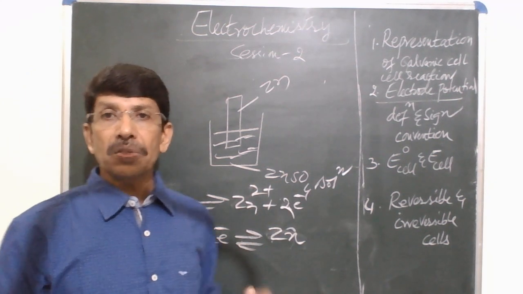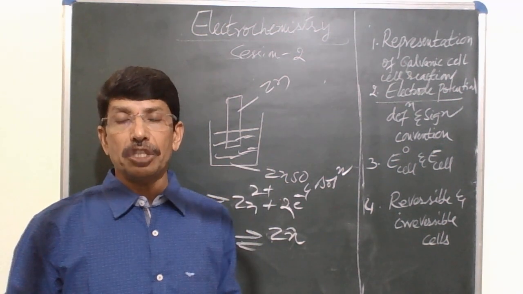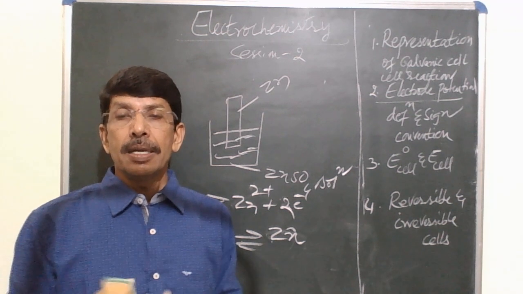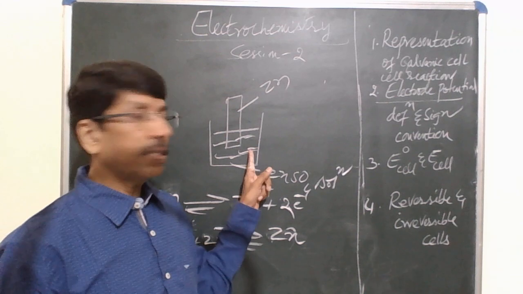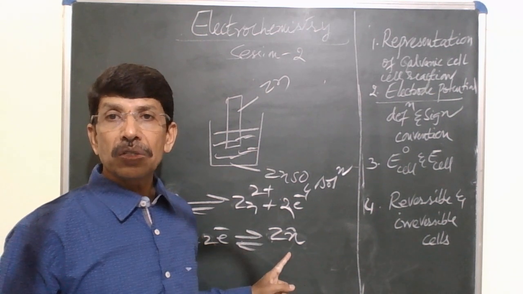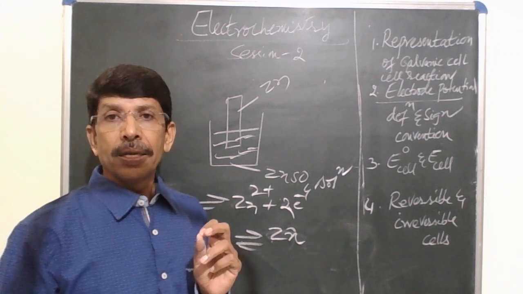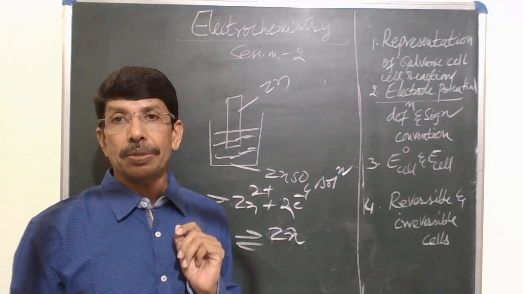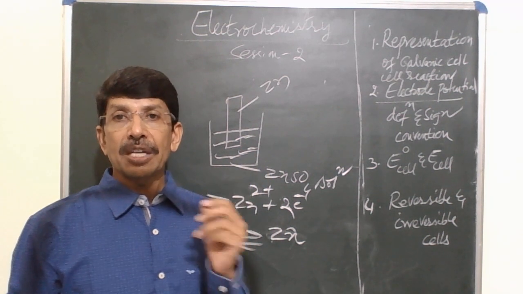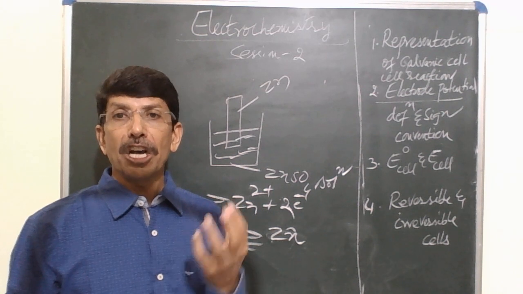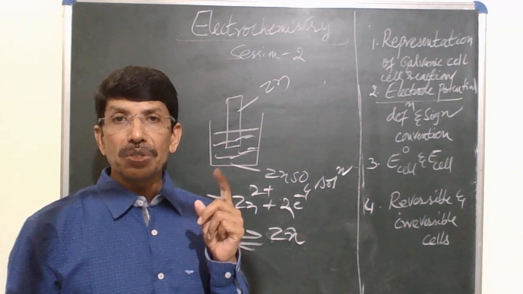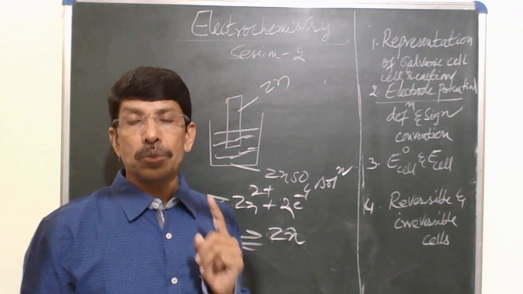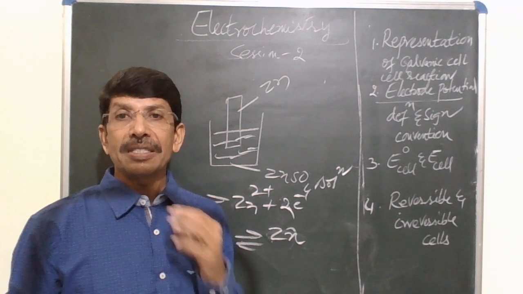Both processes compete with each other, but neither occurs as long as this electrode is not connected to another electrode. So a single electrode is of no use. We always require a pair of electrodes to achieve something.